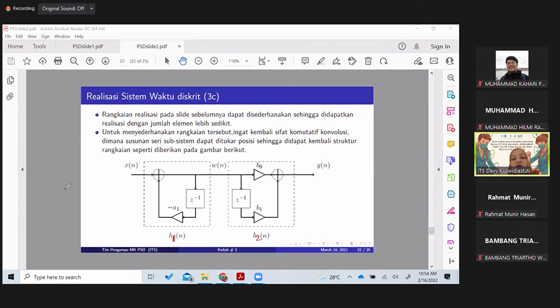Yes, it is shifted, and then you could see that we could merge these two shift registers.